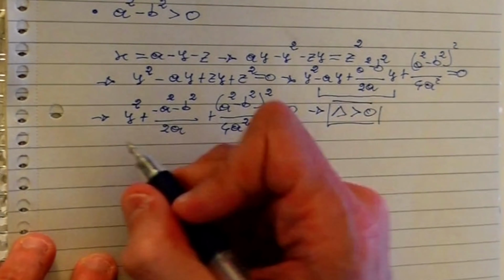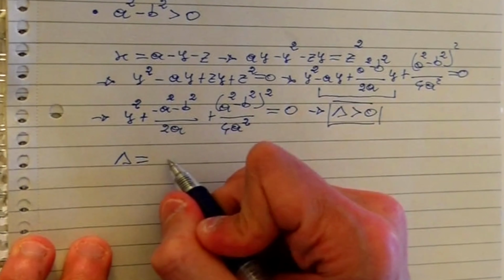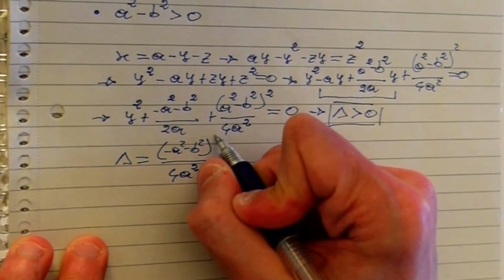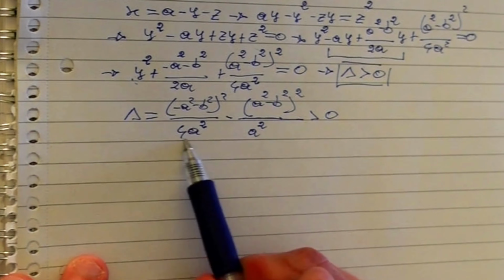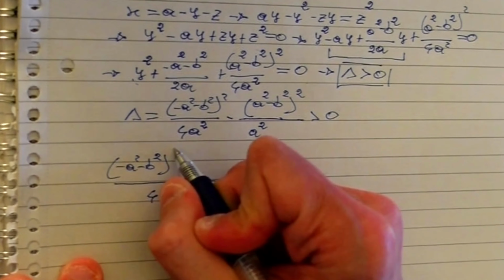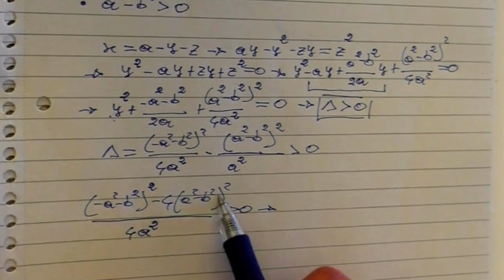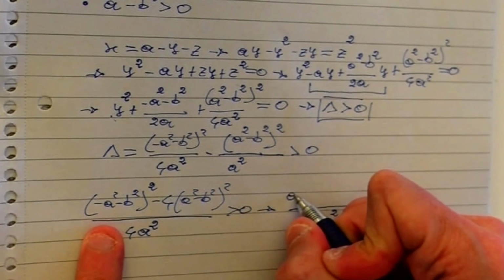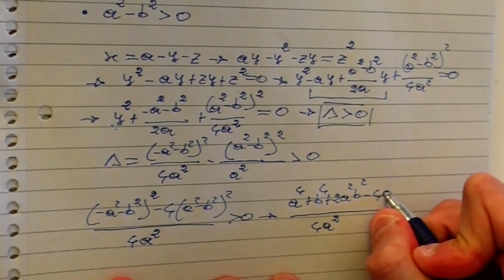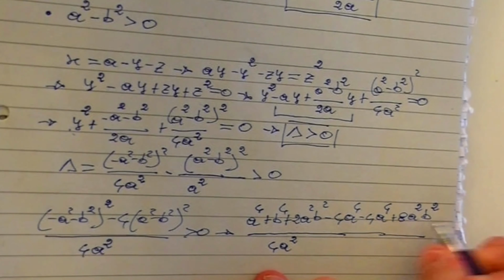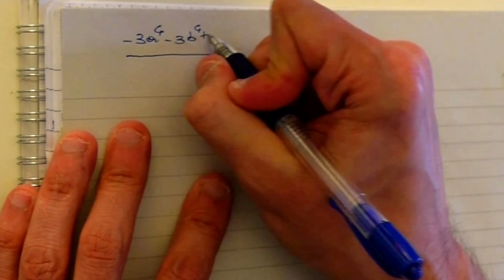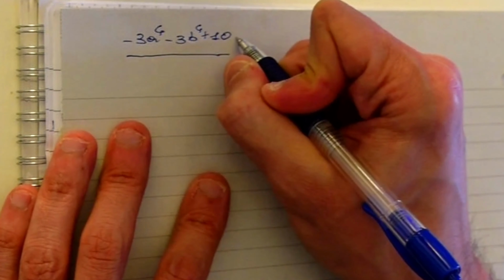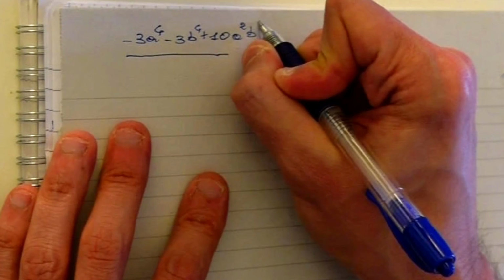In other words, we have to impose that the delta is positive. Now, what is the delta? So we have to calculate delta. It is nothing but minus 3a to the power 4 minus 3b to the power 4 plus 10a squared b squared.